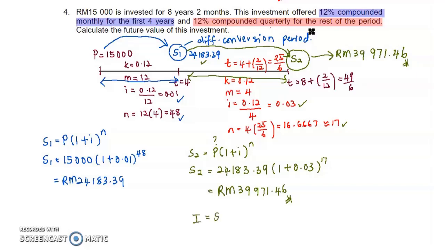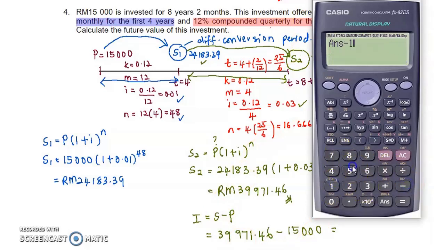If the question asks you to find the amount of interest, the interest will be equal to S minus P. S must be the value at the end of the investment period: 39971.46 minus the original principal 15,000. In this case we only have one principal.